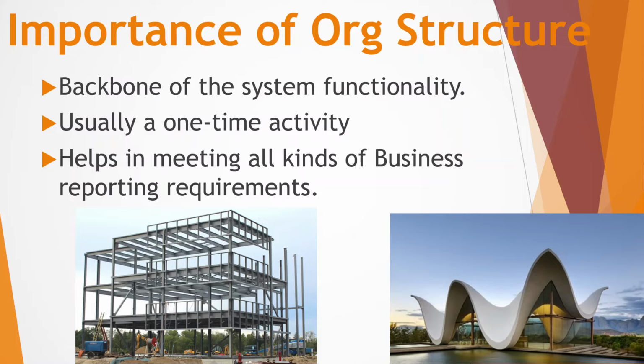So this org structure also helps with reporting requirements. For example, profit and loss account, balance sheet, cash flow statement, fund flow statement, and so many other financial statements and so on.